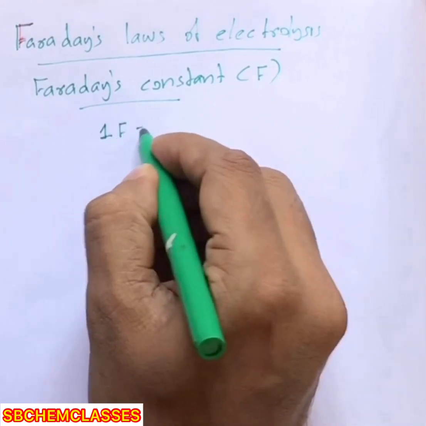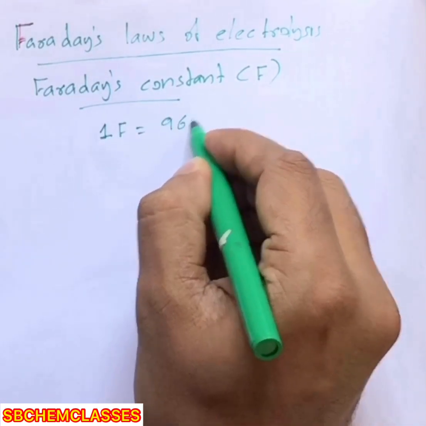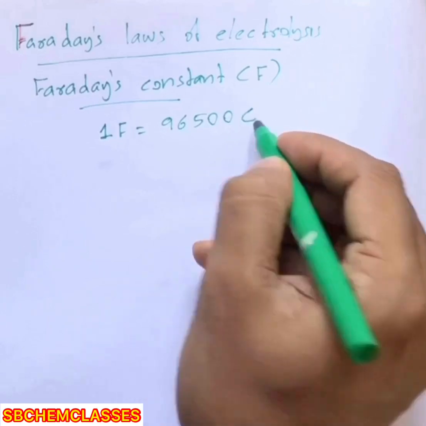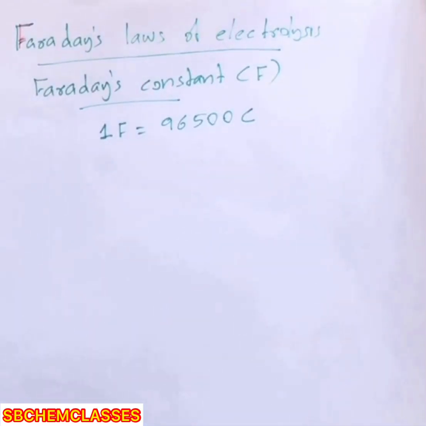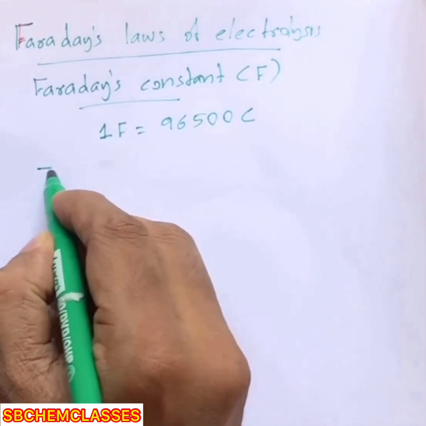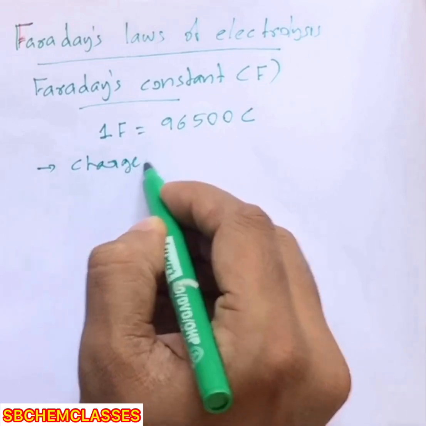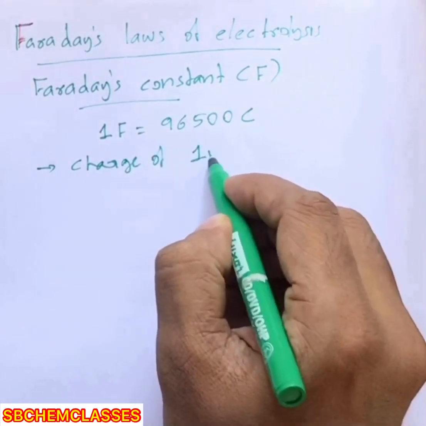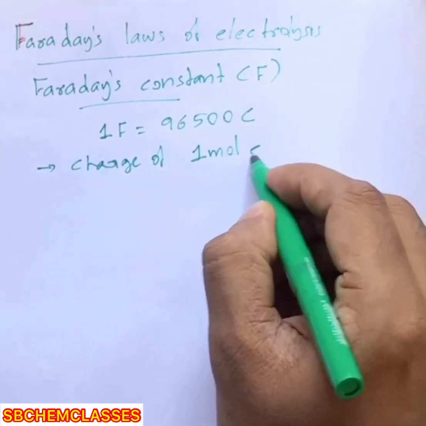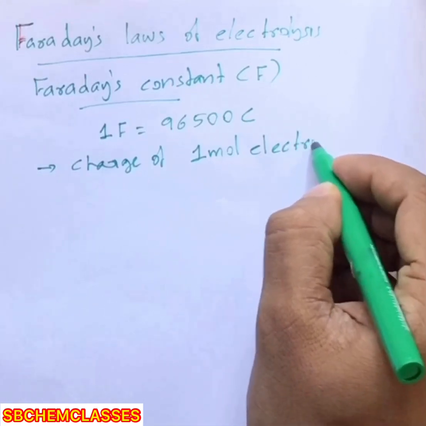It is represented by F. 1 Faraday has the value 96500 coulomb. 1 Faraday is 96500 coulomb because 1 Faraday is the charge of 1 mole electron. It is the definition.